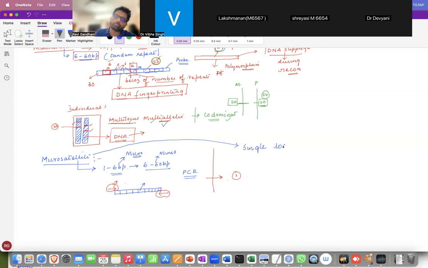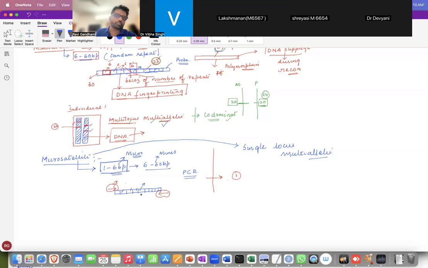When you're talking about single locus, multi-allelic, you'll have to understand why. If you remember, this is also a tandem repeat of 1 to 6 base pairs, repeating one after the other.